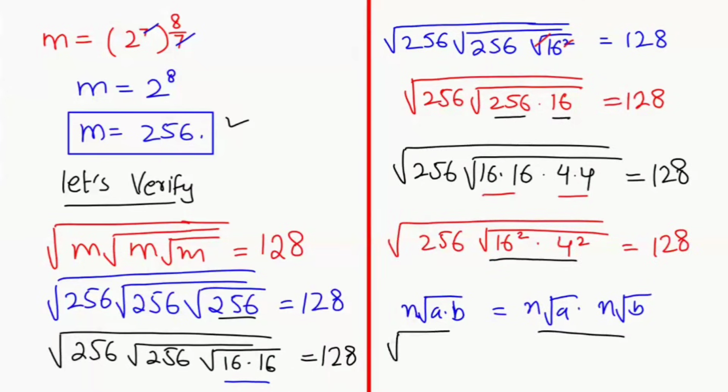So root 256 root 16 to the power of 2 times root 4 to the power of 2 is equal to 128. Here this and this get cancelled, this and this get cancelled. So the expression we get is root 256 times 16 times 4 is equal to 128.